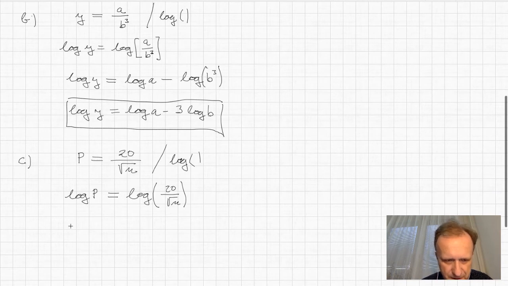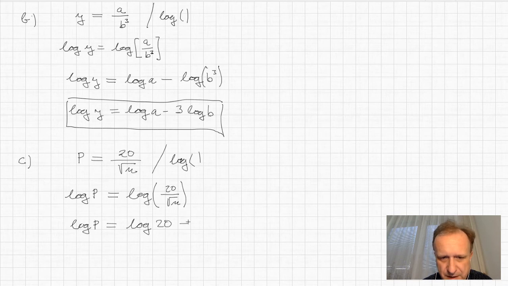Now I'll leave the logarithm of p without any change, and here I have the logarithm of the quotient, so it should be the difference of the logarithm of 20 and the logarithm of square root of n. Now square root, as you may remember, square root of n is nothing else than n to the power of 1/2.